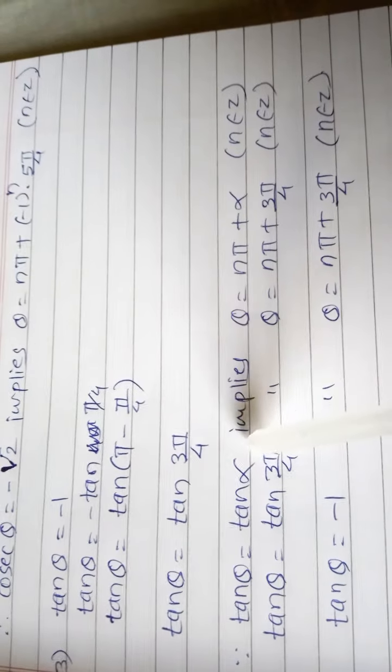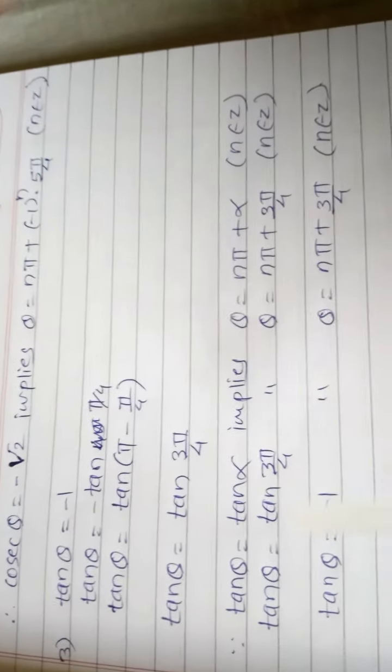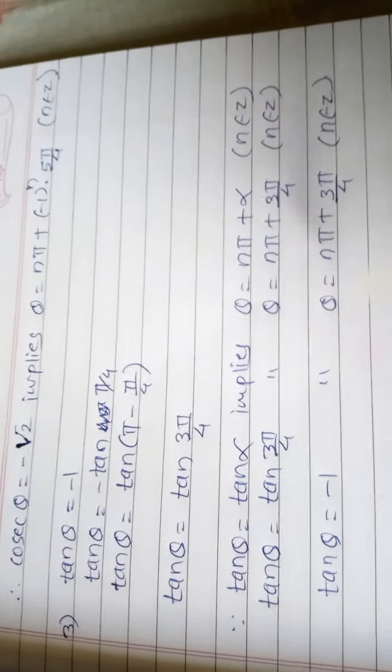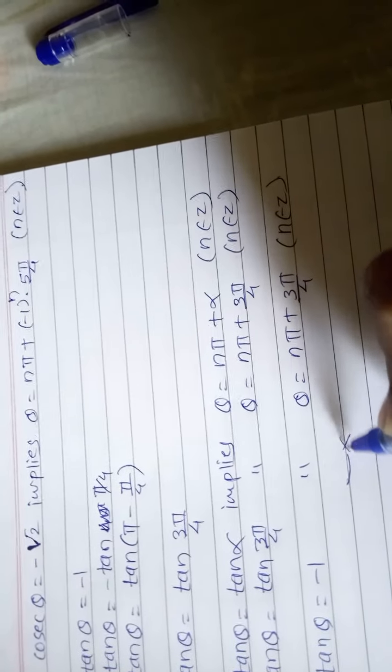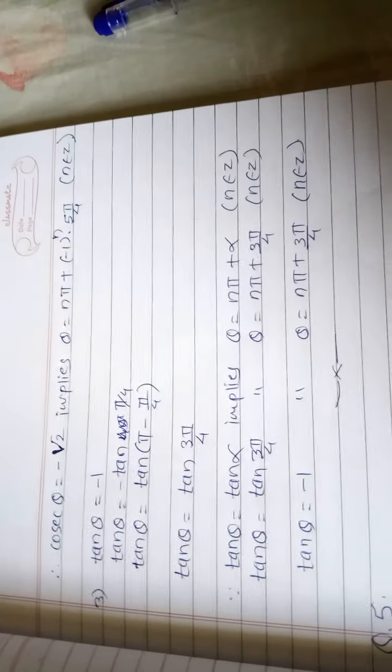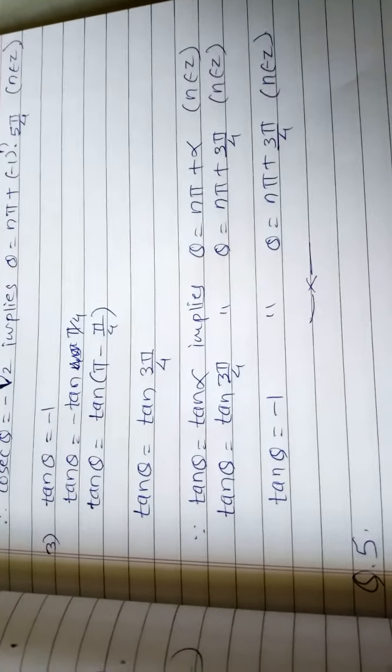And again we write our example, that is tan theta is equal to minus 1, which implies theta is equal to n pi plus 3 pi by 4, where n belongs to z. So this is all about question number 4 of exercise 3.1. The remaining examples we will see in the next lecture. Thank you.